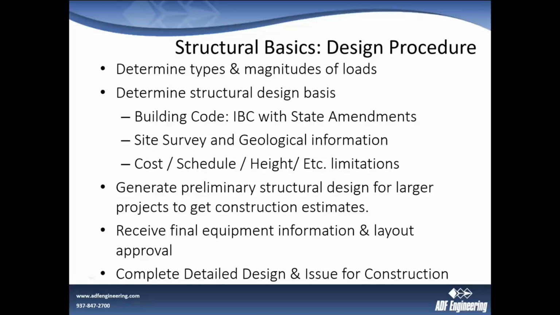So we have to take that into account, and then we'll generate that preliminary design. A lot of times that goes through gate reviews or costing phases, and then while we're receiving the final equipment information, and once that all comes in and those layouts are approved, we'll finalize that design and issue it.